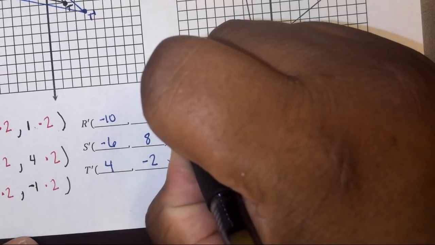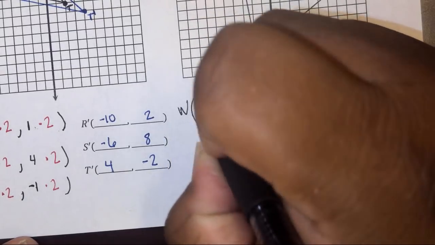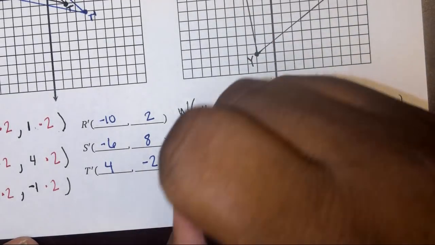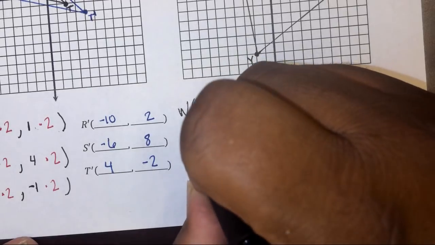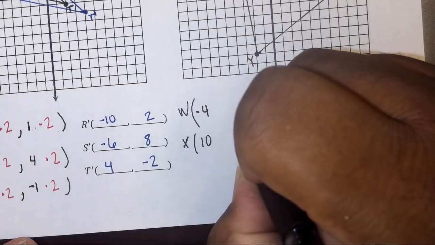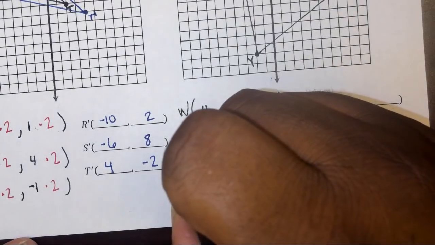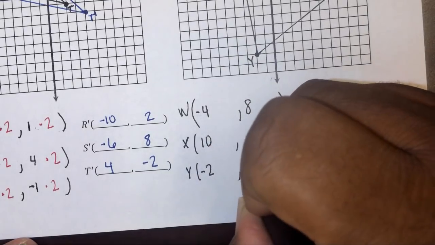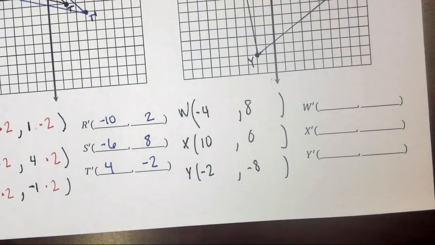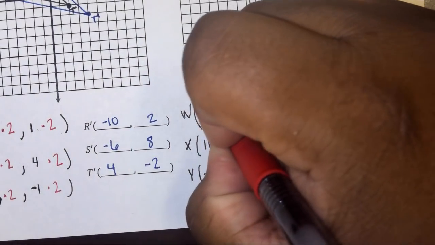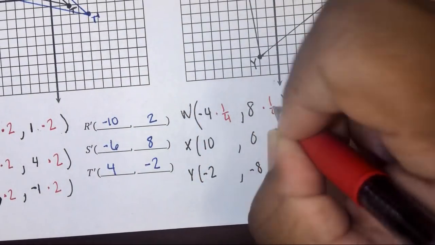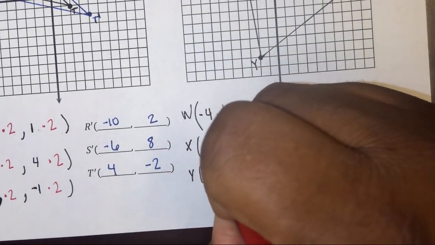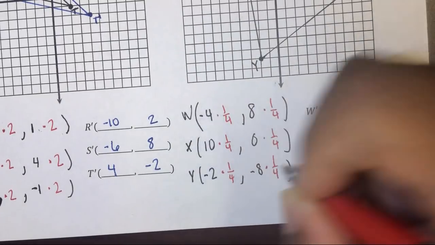So W was at (-4, 8), X was at (10, 0), and Y was at (-2, -8). Everything gets hit with a times 1/4, times 1/4, times 1/4, times 1/4, times 1/4, times 1/4.